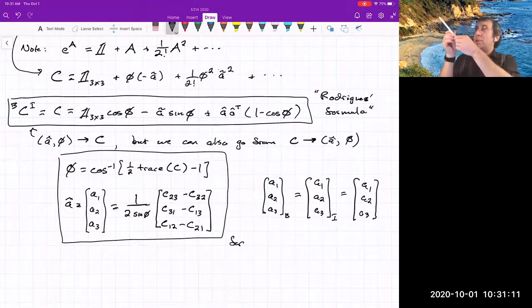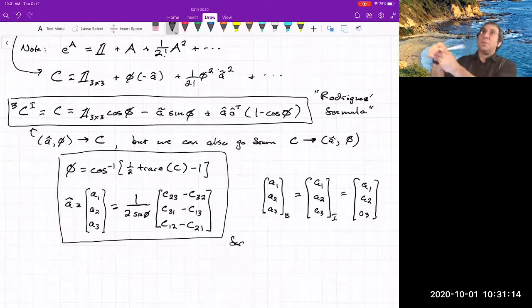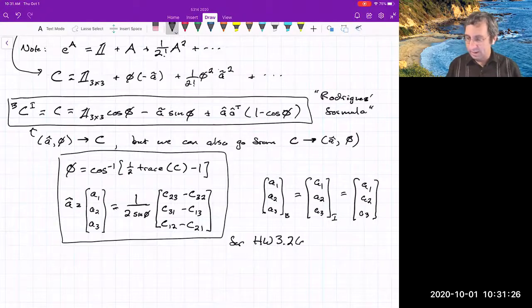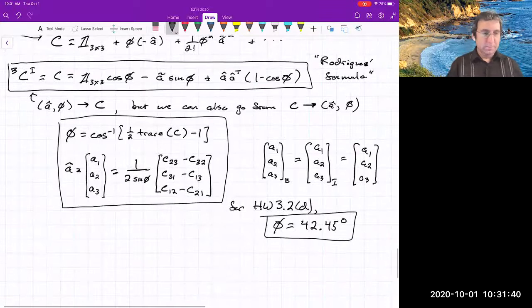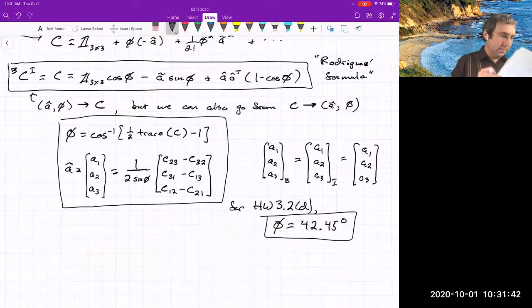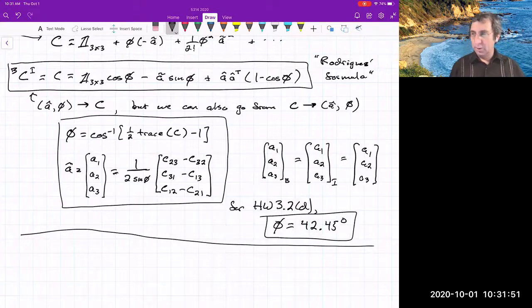You could either do a rotation about this direction through a small angle, or through the opposite direction through a large angle. So for homework 3 2D, the angle that you should get is something around 42 degrees. So this is 42.45 degrees. So you can check with that. All right. Sound good? Good.